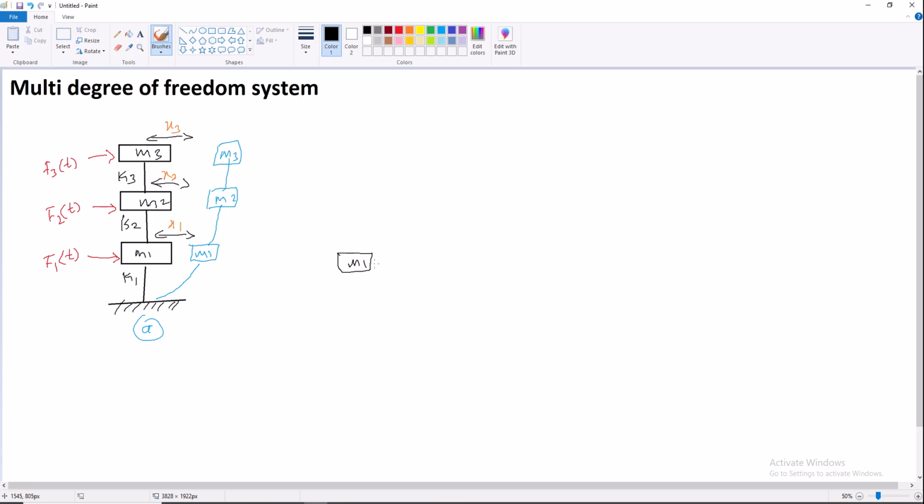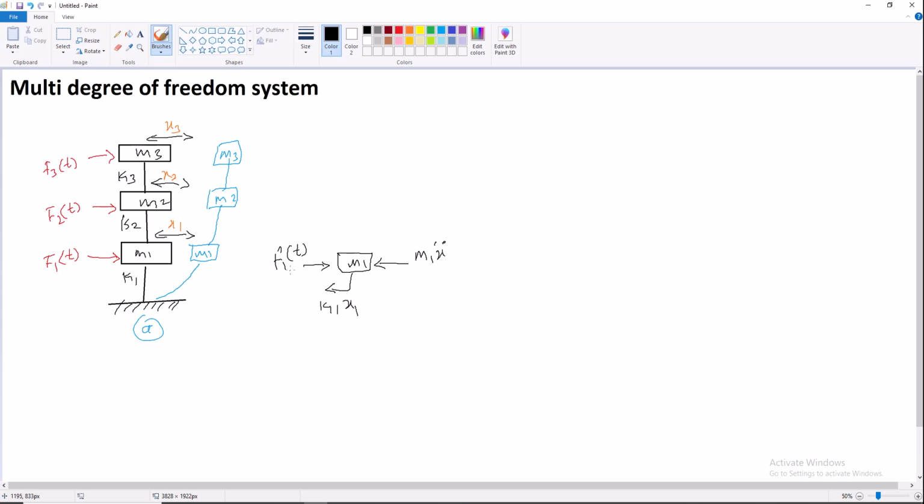The force F1 of t is acting on this floor, the mass with acceleration is acting opposite to that, and the stiffness and the displacement are acting in the same direction.